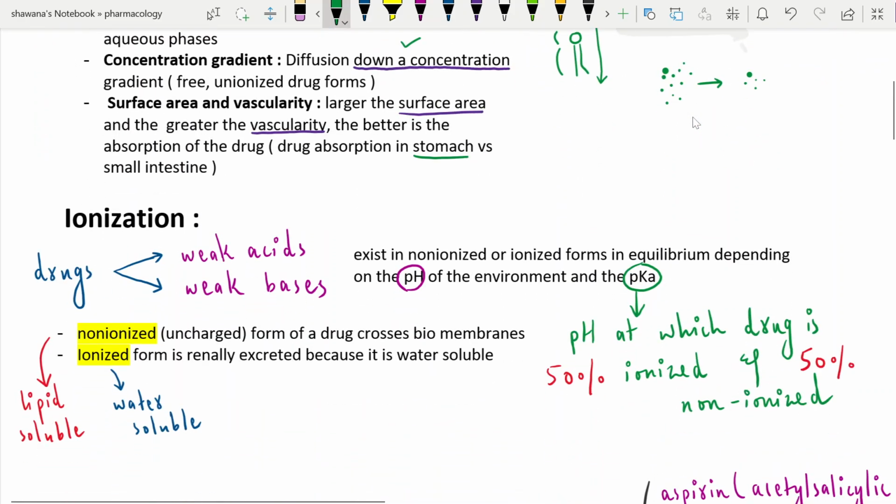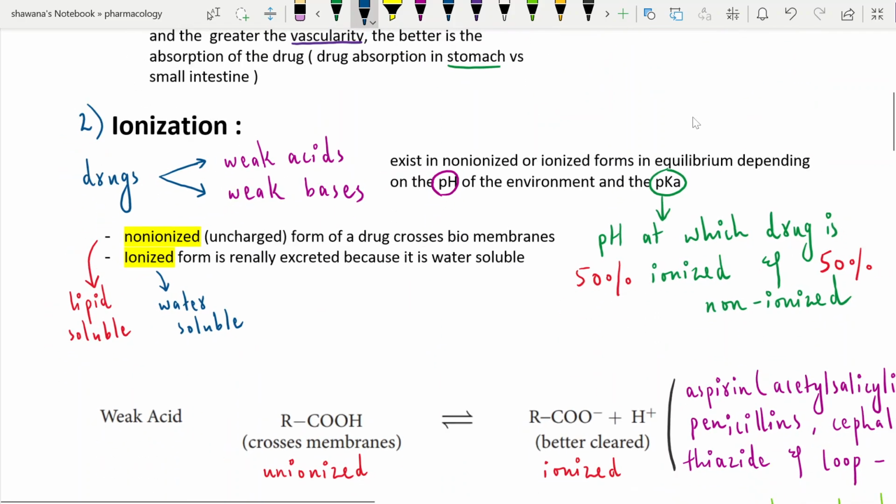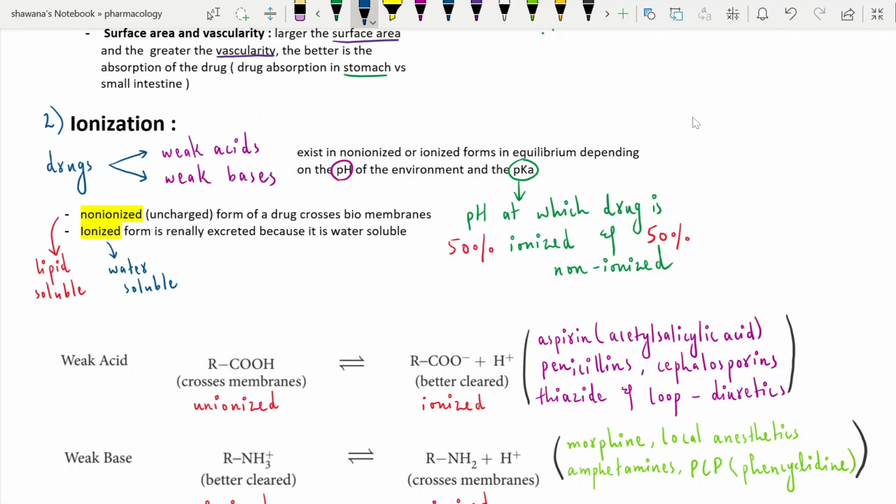The second important thing in pharmacokinetics is the ionization principles. Let's talk about it in detail. The drugs can be either weak acids, some examples of which I will discuss in a minute, or weak bases.